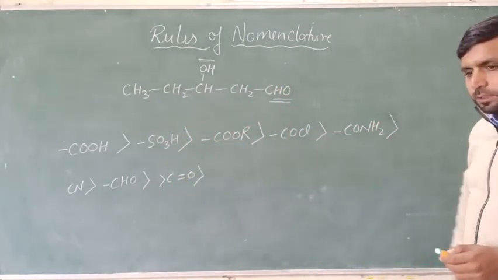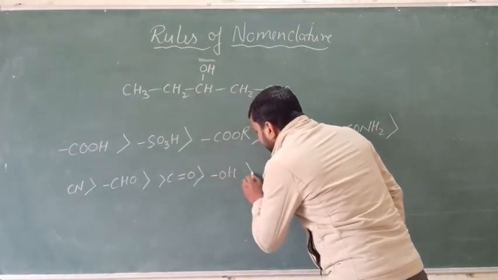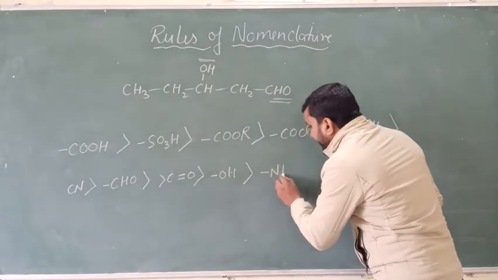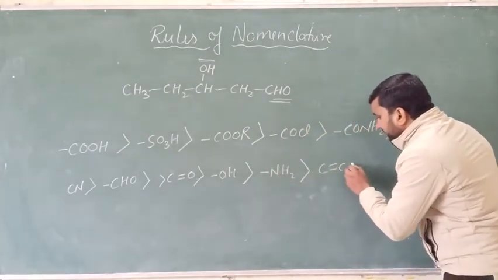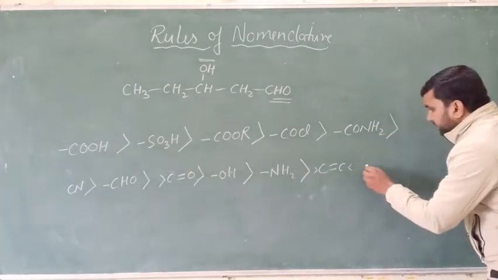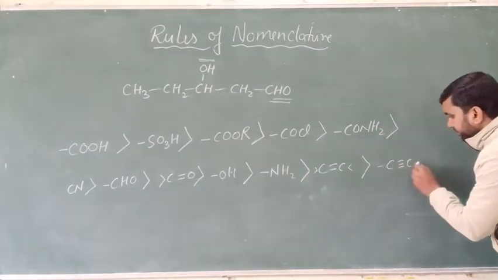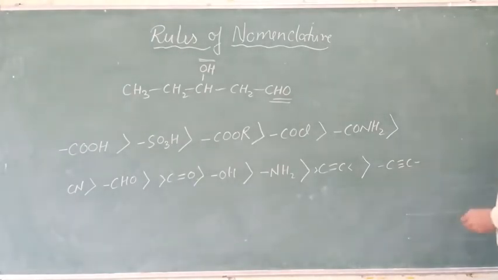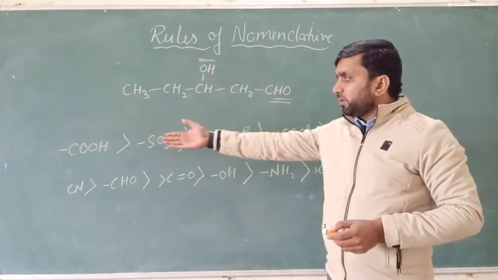Now next after ketone, alcohol, next amine NH2, next double bond, next triple bond. Means in the priority order, triple bond was given the least priority, while the carboxylic group was given the highest.